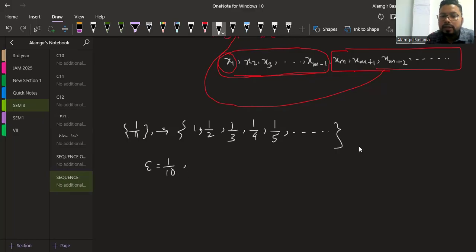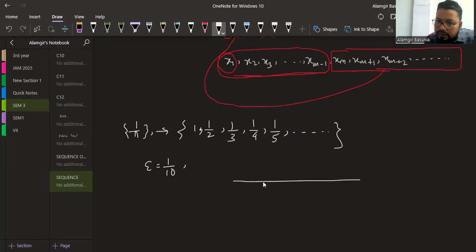Then you can see all the numbers are going towards 0. So by a simple assumption, we can say that after some terms, all terms are going very close and closer to 0.